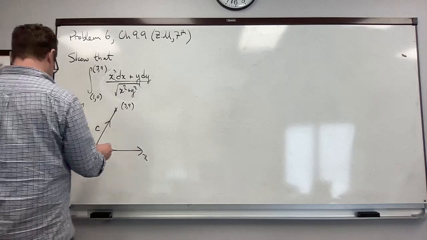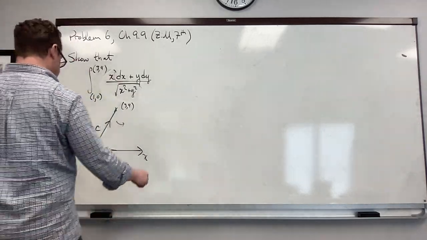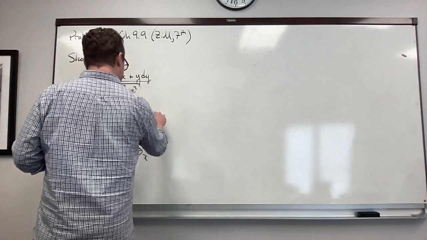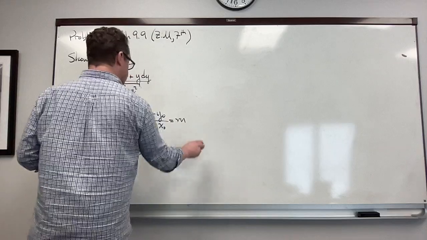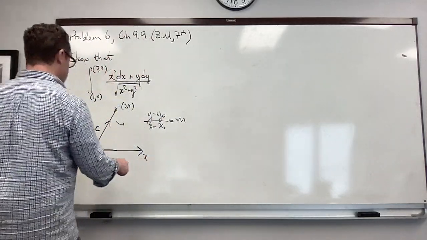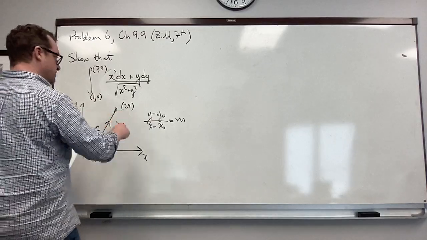What is this equation? Just in case you forget, the general equation for a line would be (y minus y naught) over (x minus x naught) equals m, where this is the slope. And we happen to know the slope in this case is 2. The rise over run, so the rise is 4, the run is 2, so this equals 2.